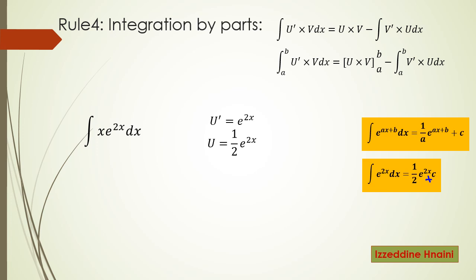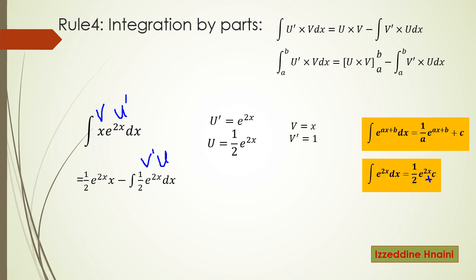Now, go back to the rule. We take e^x as u', and we take v equals x. So v' equals 1. Apply the rule, we get u times v minus the antiderivative of v' times u. Okay, this is v', which is 1, times u, which is 1/2 e^x.